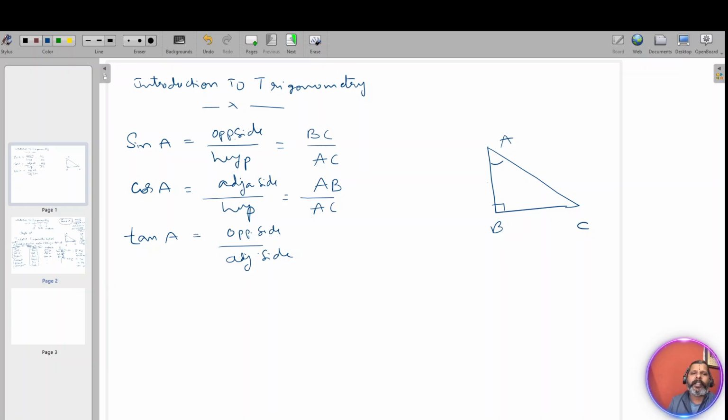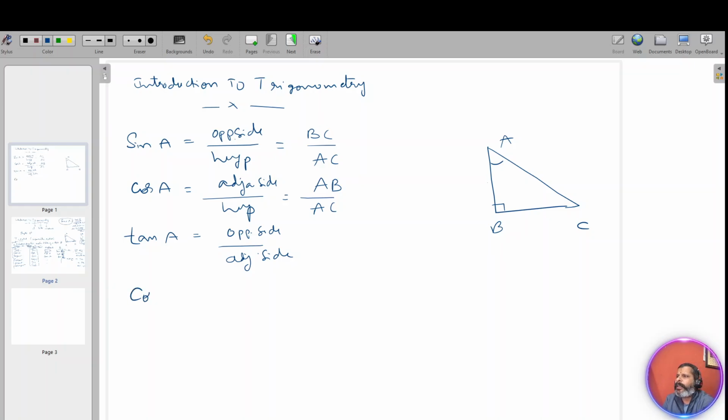Let me recap. If I take C also, sine C is opposite by hypotenuse. Wherever sine comes, it's always opposite by hypotenuse. Similarly, cos of an angle is adjacent by hypotenuse. Tan of an angle is opposite by adjacent.